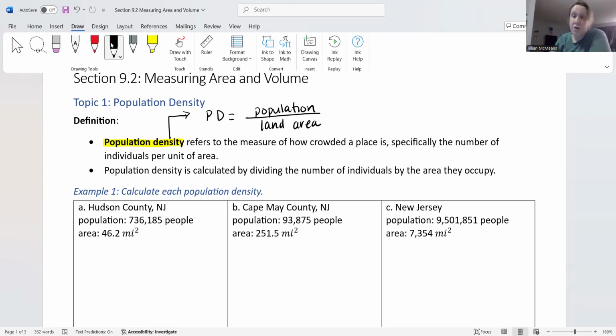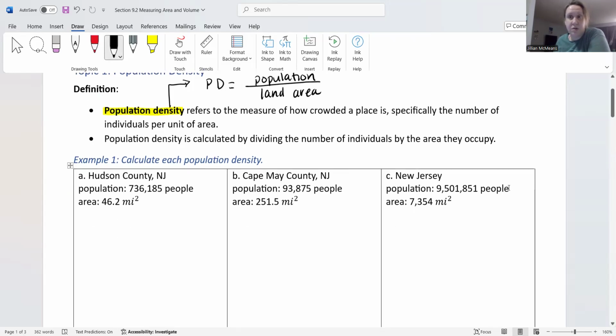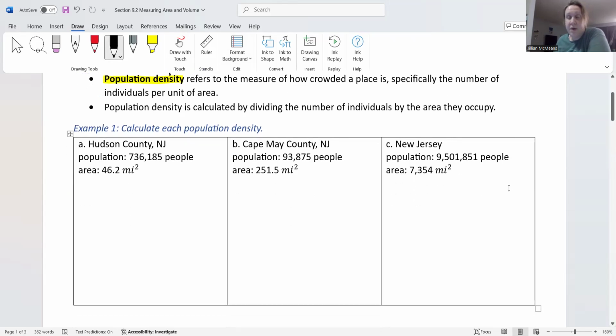Okay. So we're going to use New Jersey to calculate population density because New Jersey is famous for being one of the most densely, if not the most densely populated state in the US. And it's interesting because there's a part of New Jersey that's barely populated at all, called the Pine Barrens. And then there's an area of New Jersey that's so densely populated that it brings the whole state's average up.